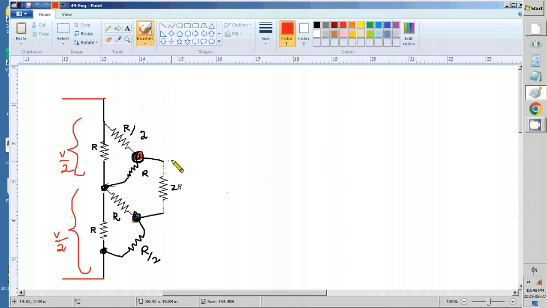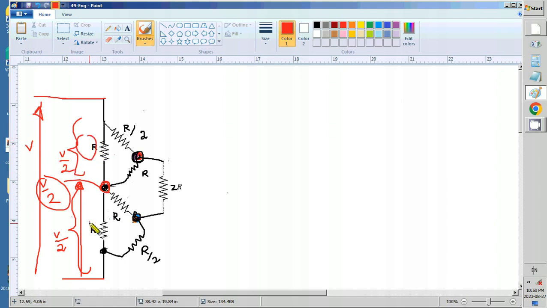Therefore we have to do a little trick, because we know that this point is at half V. We divide by 2 from the bottom line. From the bottom line we know the height is half V, because this total height is V, given by the battery.